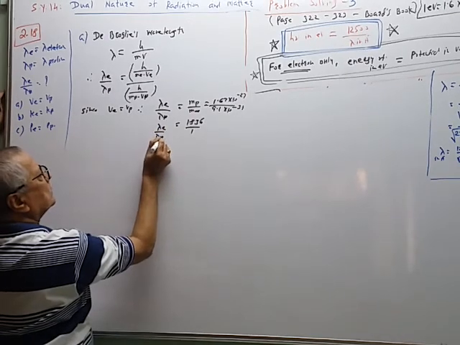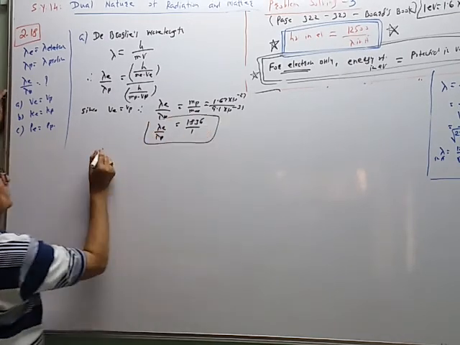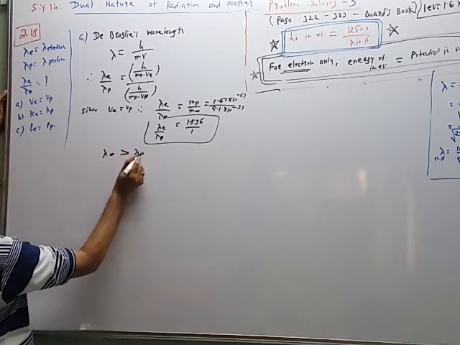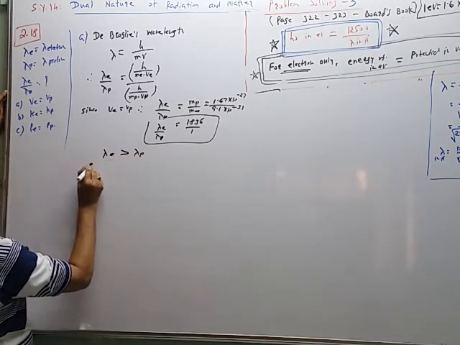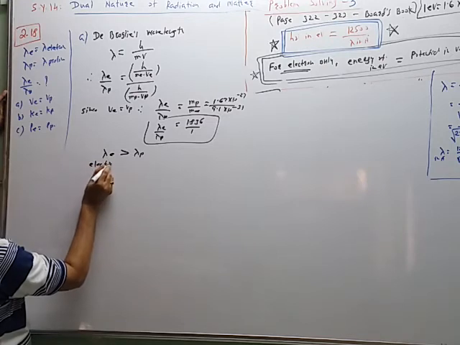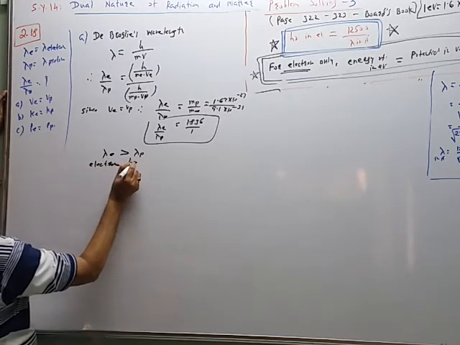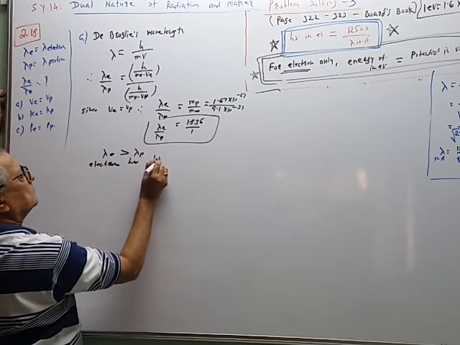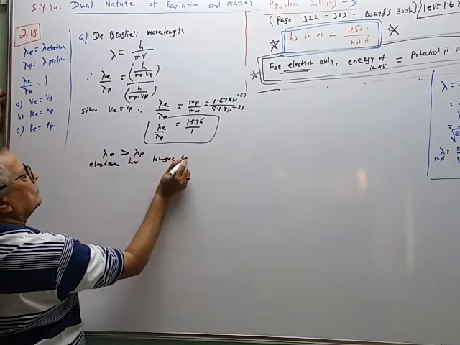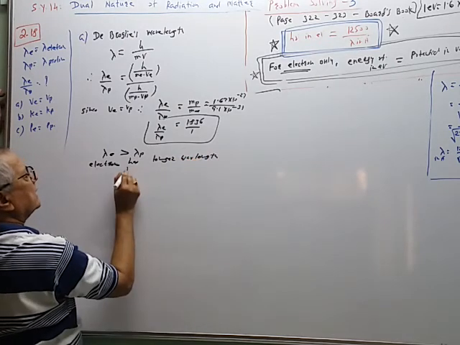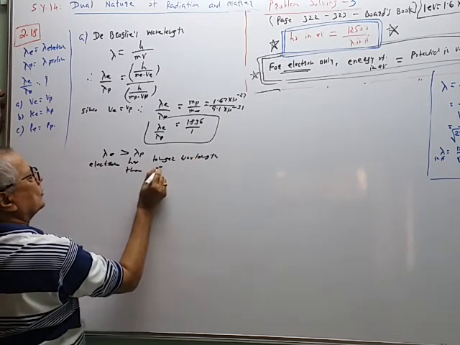So lambda E upon lambda P is equal to this much. Therefore, in the A part, the result is lambda E is greater than lambda P. So electron has longer wavelength than proton.